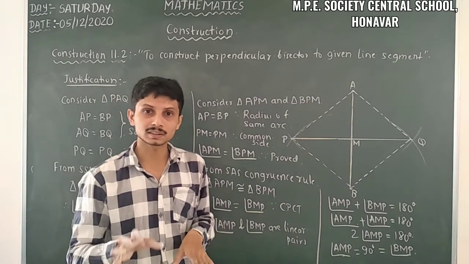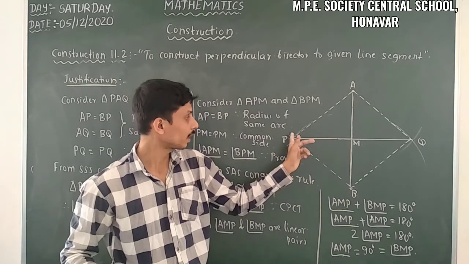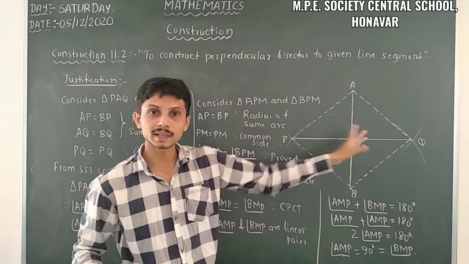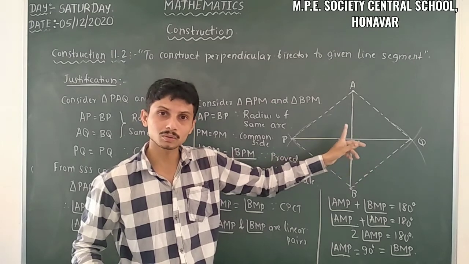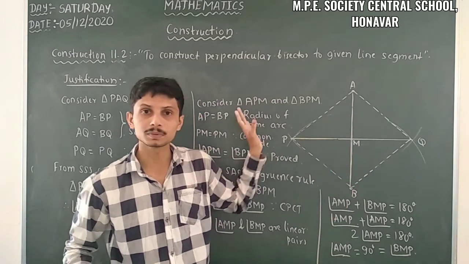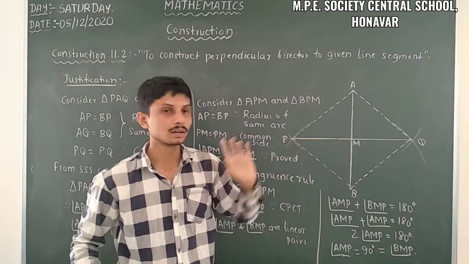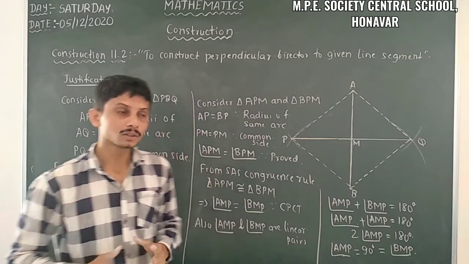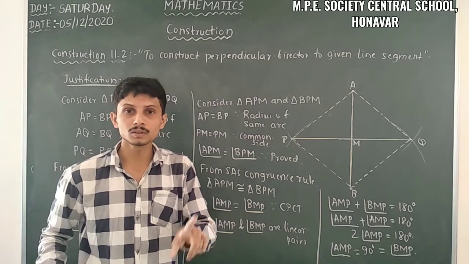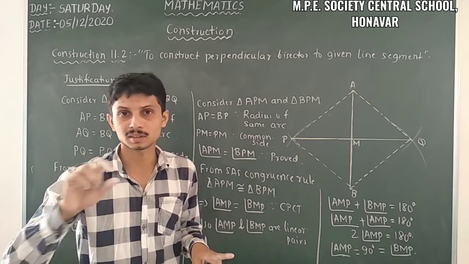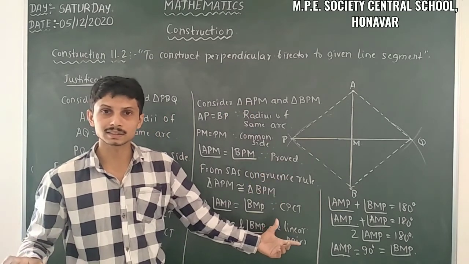Also you know the construction steps: firstly, take A and B as centers and draw arcs on both sides to intersect at points P and Q. For that, take a radius more than half of AB, then join PQ and you get the perpendicular bisector. You have to write this justification only when the question ends with justify your construction.